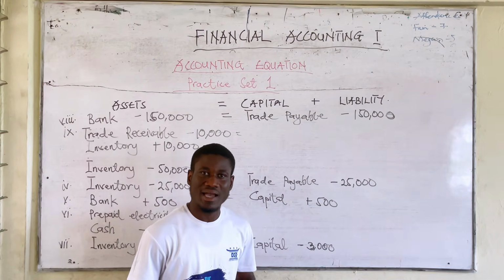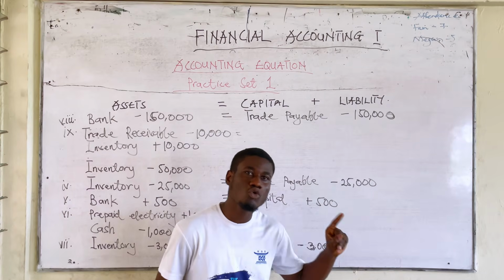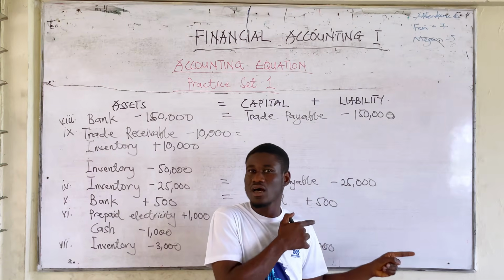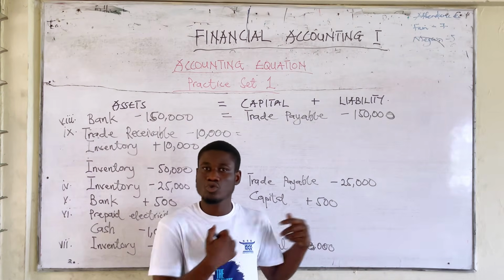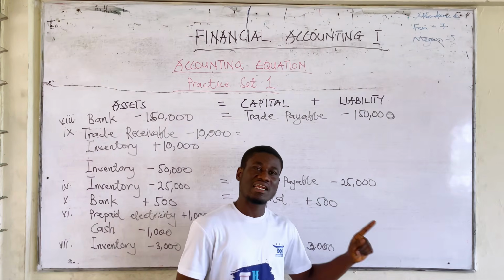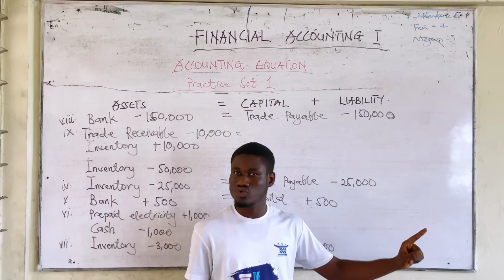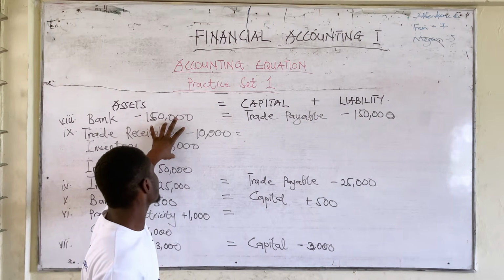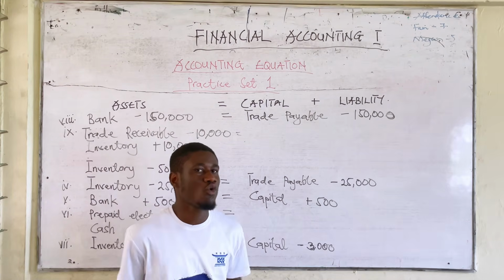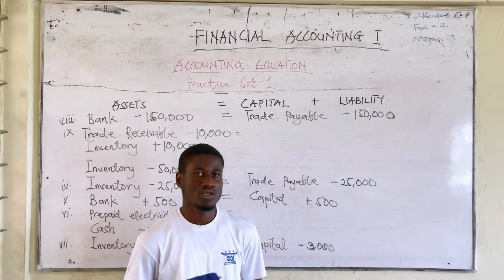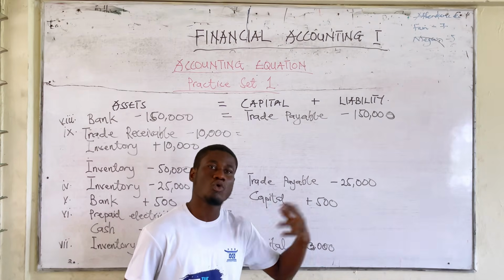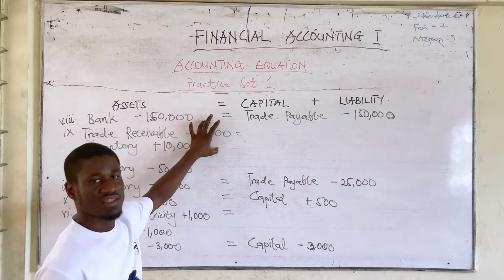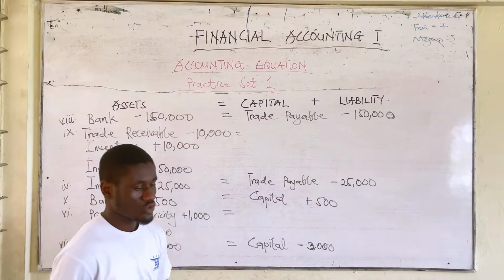Anas will also decrease by 10,000 because Anas is no more going to owe us that 10,000 again, because he has brought those goods worth 10,000 back to us. If Anas was to pay 10,000 for those goods, now he has returned it back to us. So Anas here, which is a trade receivable, is not going to owe us that 10,000. So the amount Anas owes us has decreased by 10,000. We get it.